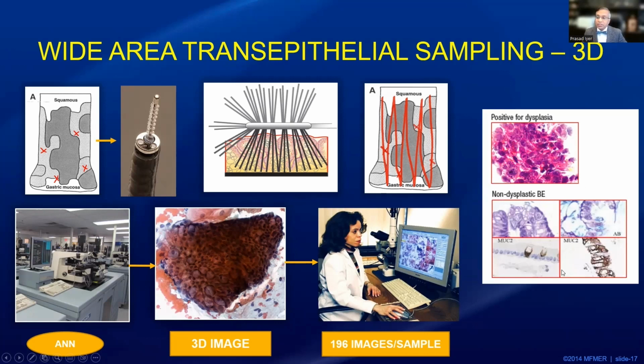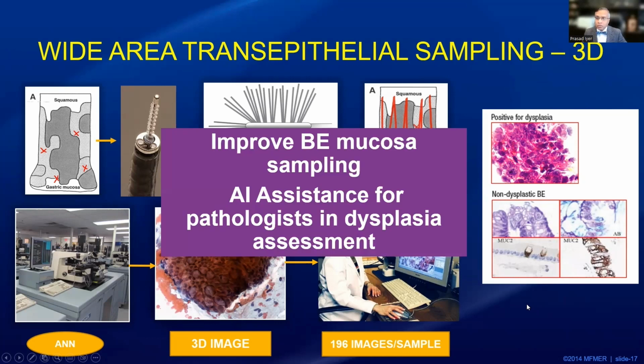And then the pathologist can look for the presence or absence of dysplasia. So this technology has two components. Number one, it improves the sampling of the Barrett's mucosa, and secondly, it provides artificial intelligence assistance for the pathologist in making dysplasia assessment more focused and more efficient.